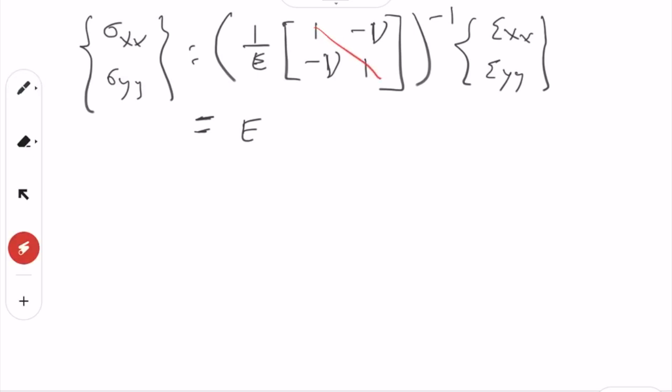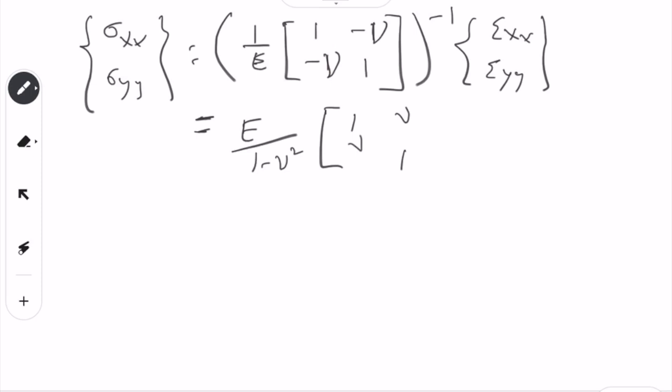So divided by 1 minus nu squared, multiplied by then we have this and this interchanging, we will get the same thing. So 1 1, then negative becomes positive, so we have nu and nu, right. So like this, and then we have epsilon xx epsilon yy like this, okay.